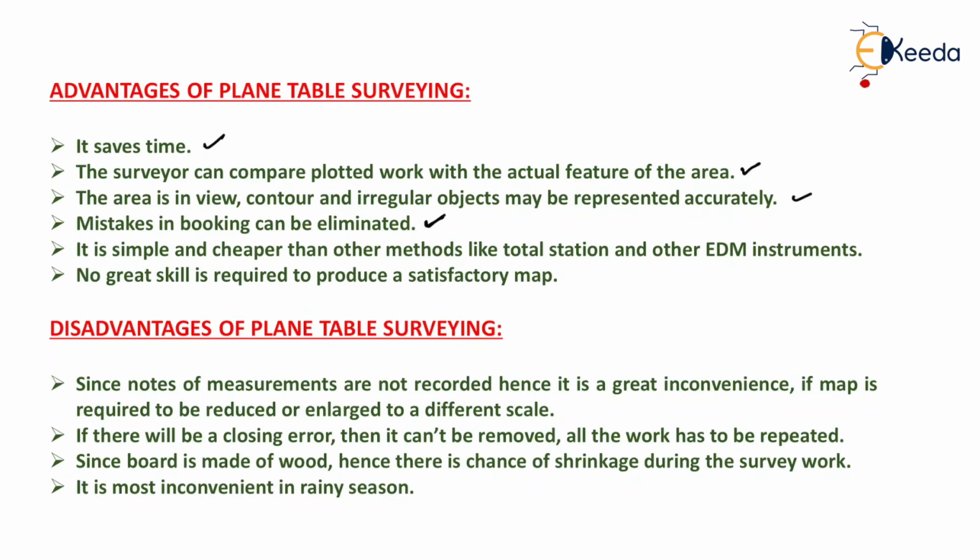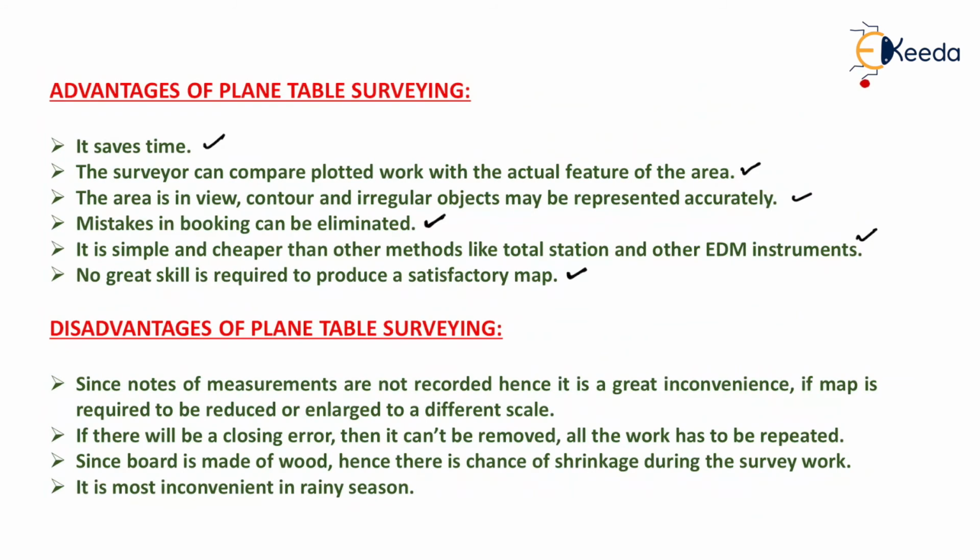It is simple and cheaper than other methods like total station and other EDM instruments, which is already known. No great skill is required to produce a satisfactory map. It means that for plane table surveying, we don't need a highly skilled person. A simple person can also do the job of plane table surveying.